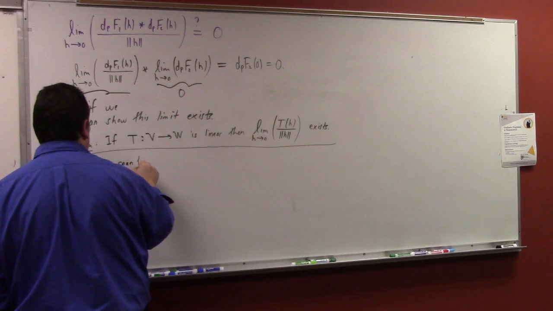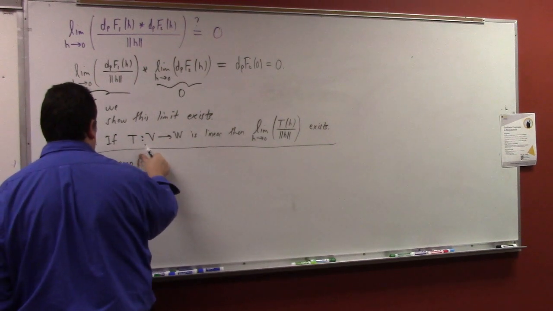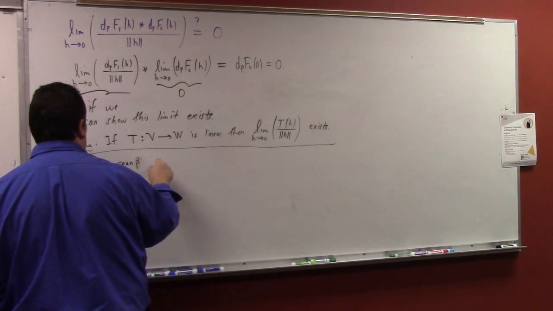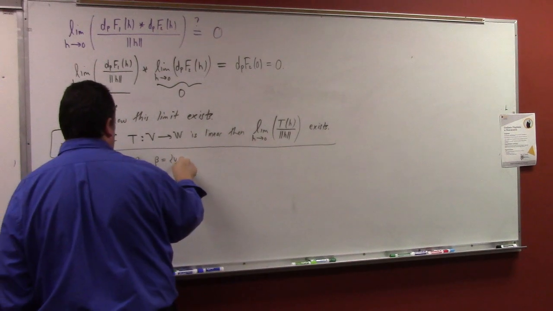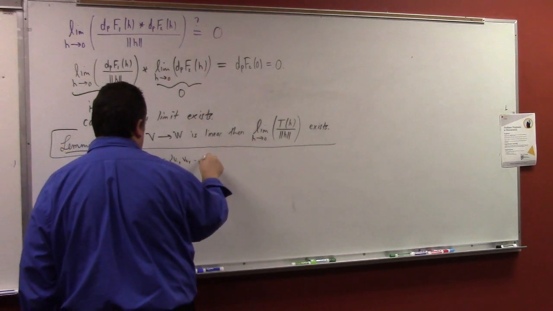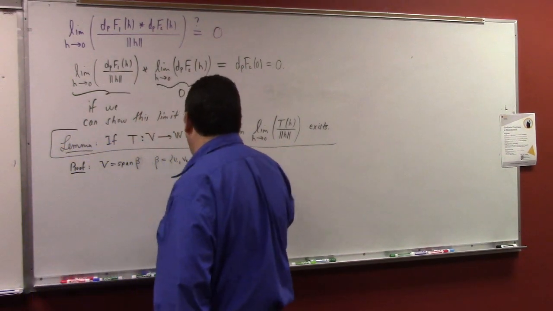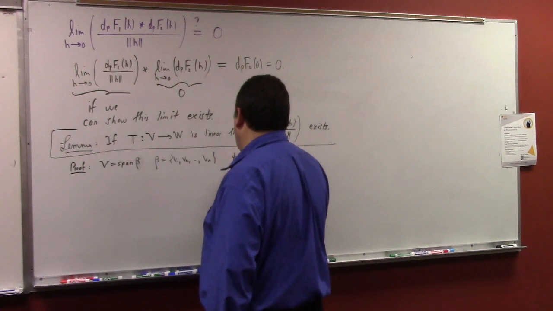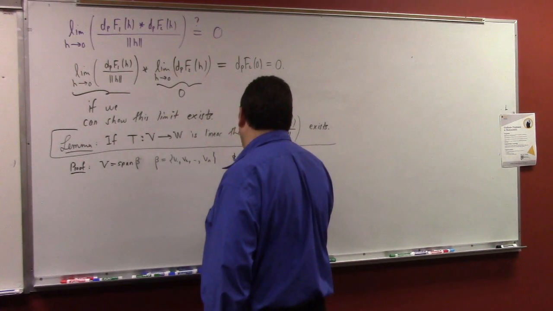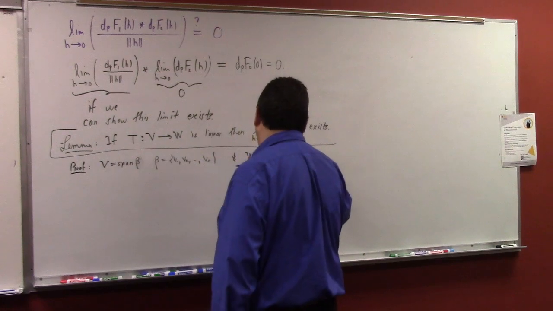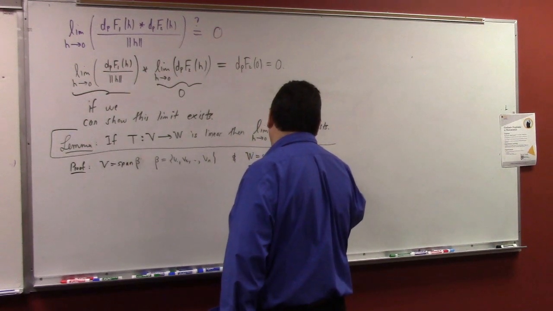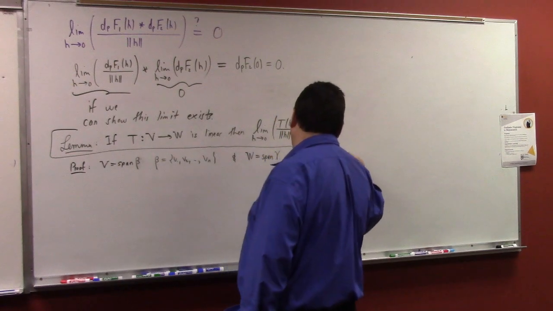V is the span of beta, where beta is, as usual, v1, v2, ..., vn, and W is, as usual, the span of gamma, where gamma is w1, ..., wm.